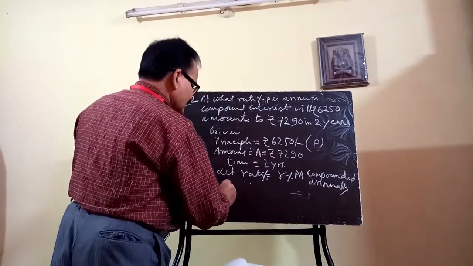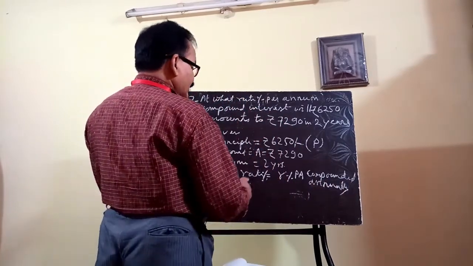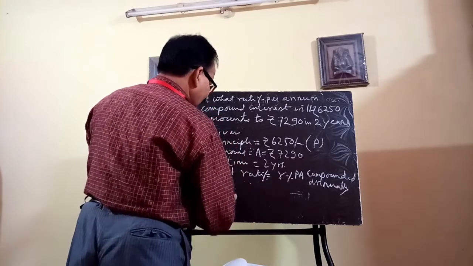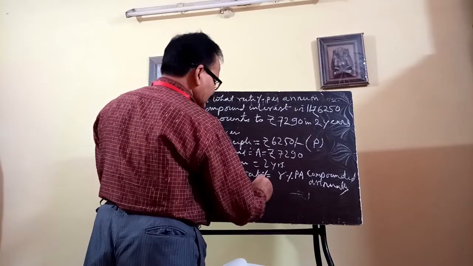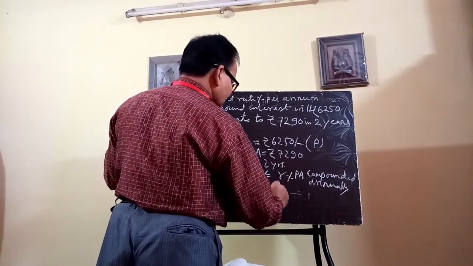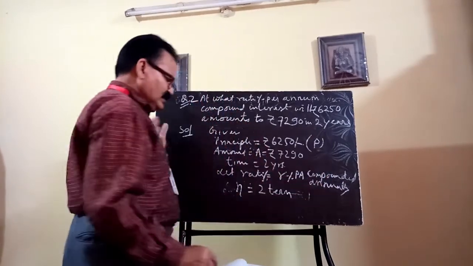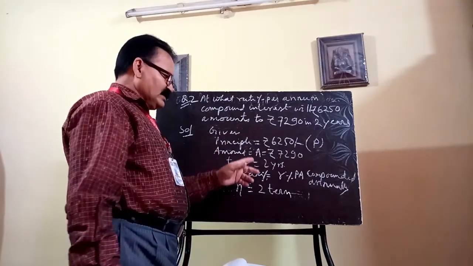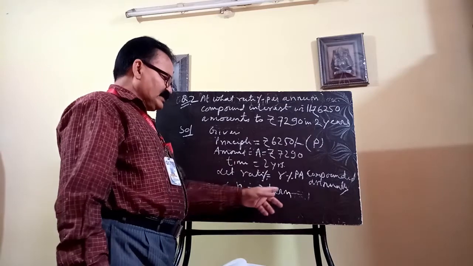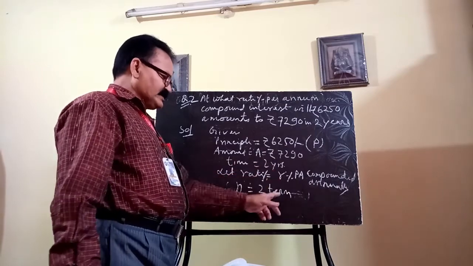Therefore here N is the number of terms, that means 2 terms. Since it is compounded annually, in case of compounding annually, the number of terms will be T terms. Here T is your 2, so this is 2 terms.